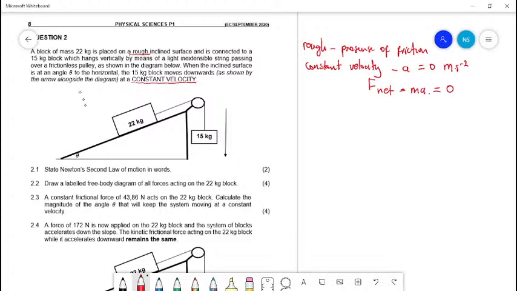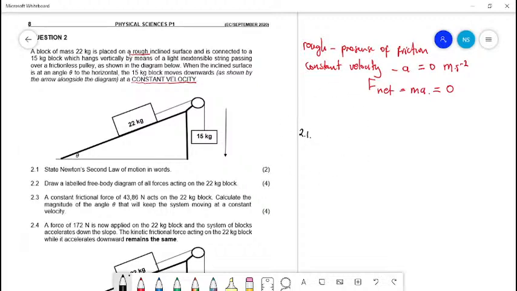So you need to make sure that you know how to define or to state all the laws as per the examination guideline. So now it means you were supposed to go and consult the examination guideline for question 2.1, right?